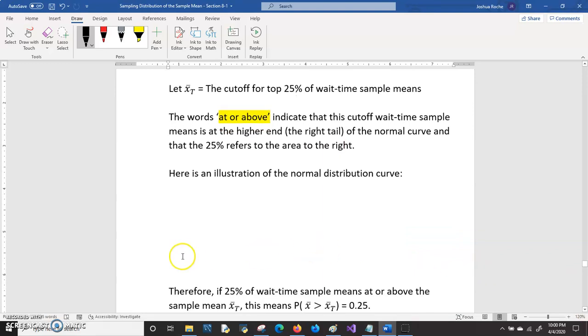We'll draw an illustration to show what this is saying. Here's the curve, the mean is 10.4. And what it's saying is that there's some sample mean, which we don't know what it is exactly, x bar t, that's the cutoff for the top 25% of sample means. So in other words, the area above, or the area to the right of x bar t, is 0.25.